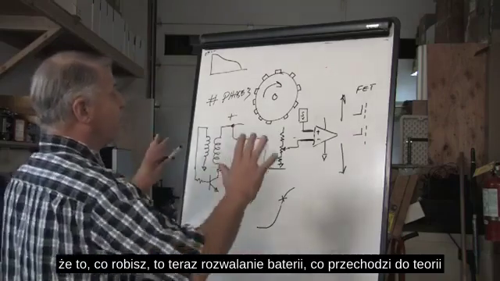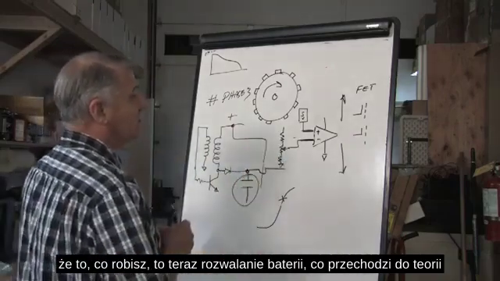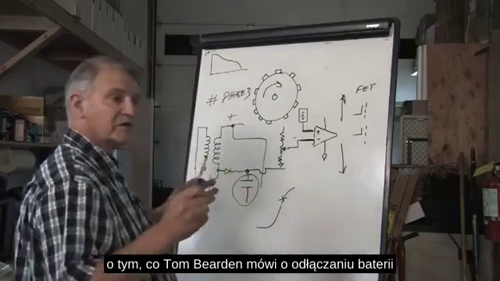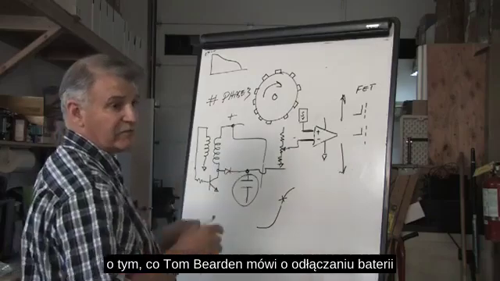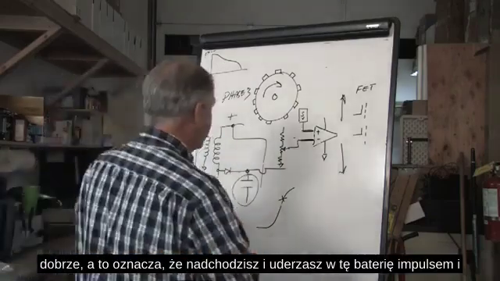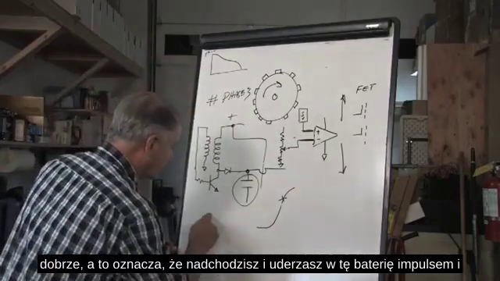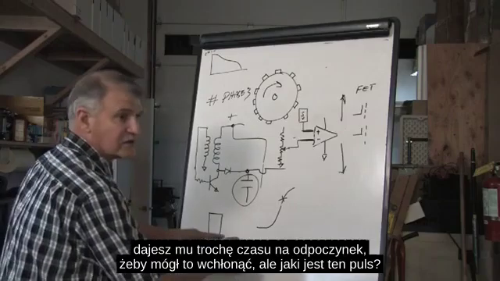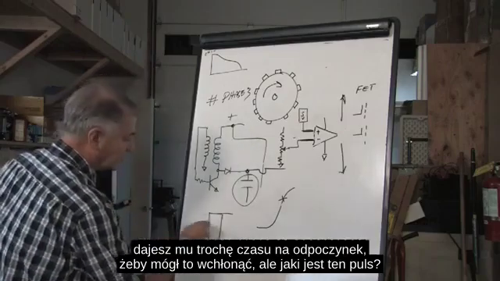Now, that moves into the theory of what Tom Bearden talks about, back popping the battery. That means you're coming along and hitting that battery with a pulse and giving it some time to rest so that it can absorb this.